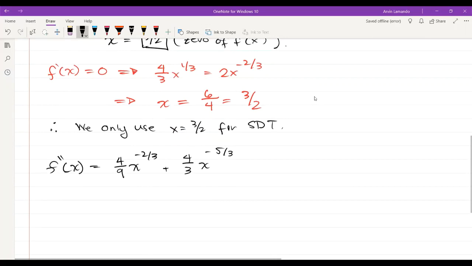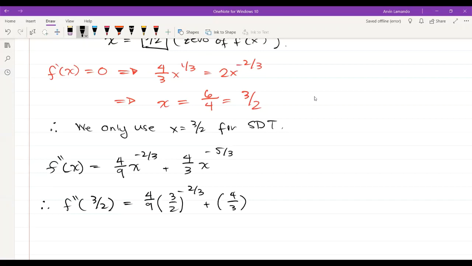Okay. And therefore, f double prime evaluated at the critical number 3/2 is equal to 4/9 times 3/2 raised to negative 2/3 plus 4/3 times 3/2 raised to negative 5/3.